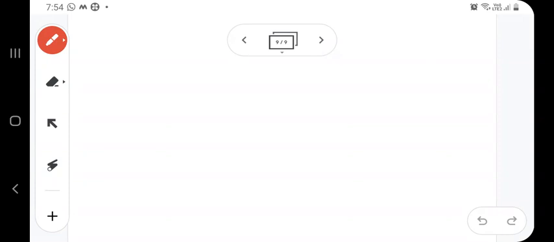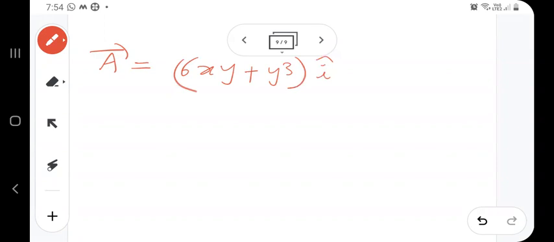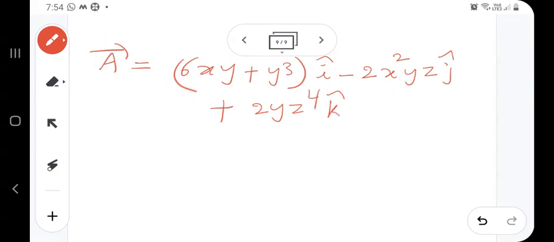So, one more problem. Given a bar equals 6xy plus y cube into i cap, minus 2x square yz j cap, plus 2y z power 4 k cap.